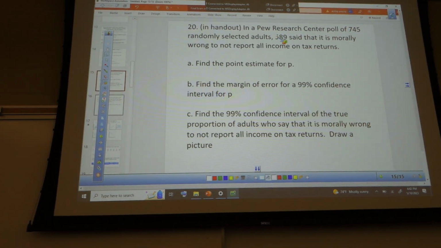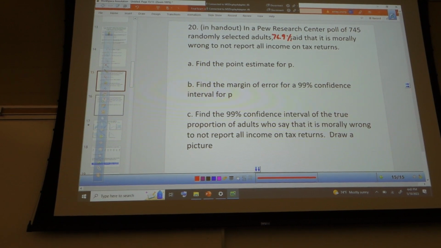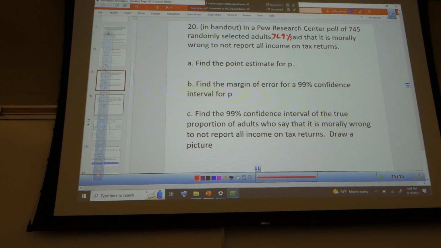Same problem, only instead of that many people, it's going to be 76.9% said it's going wrong out of 745. So now it's a similar problem, only a little bit of a twist on it. All right, so everybody work on this one. I'll give you folks 2 minutes, 3 minutes.